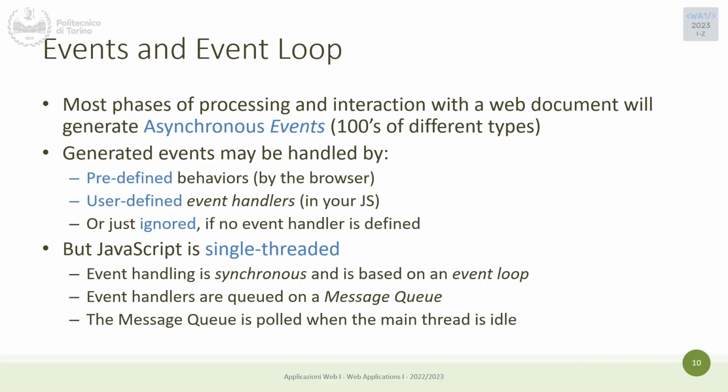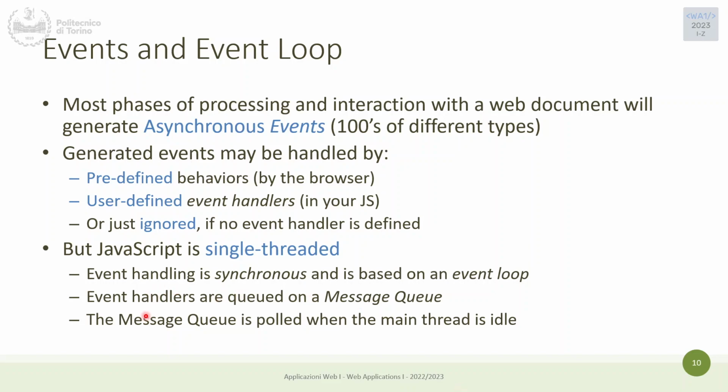Even when we discussed callbacks, we did not discuss how JavaScript handles this asynchronicity. We will do it a bit today, without going too deep into how the JavaScript engine is designed, but it is important that you have an idea of how this asynchronicity is managed.